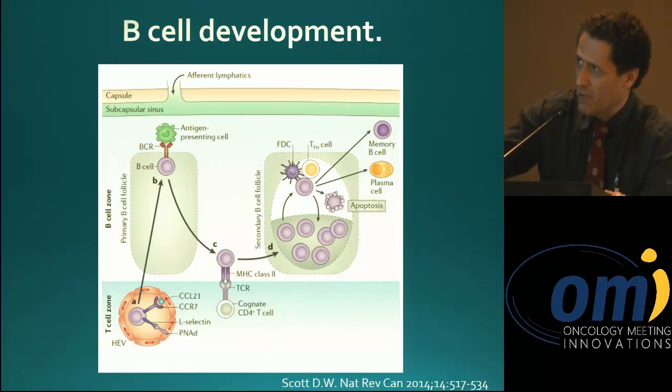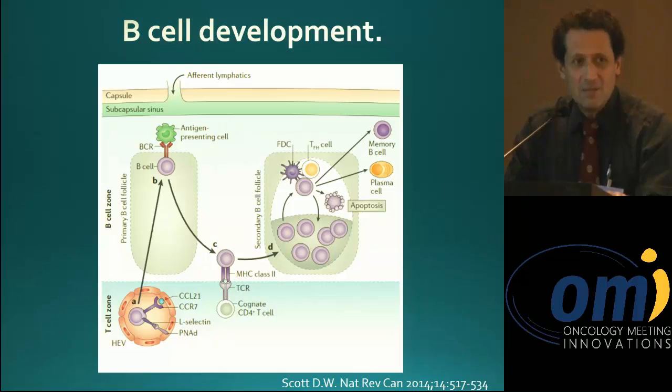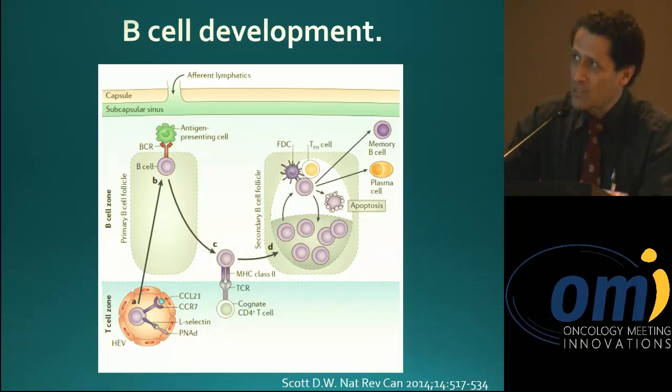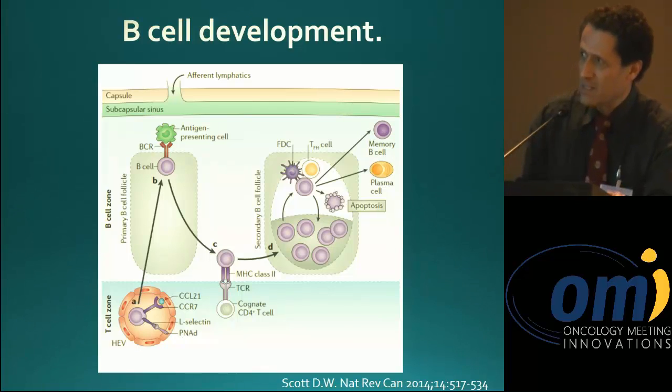occurs in the subcapsular region by presentation of antigen by macrophages of the subcapsular zone and dendritic cells, and also in soluble form. So the B cell receives the antigen presented by these cells.